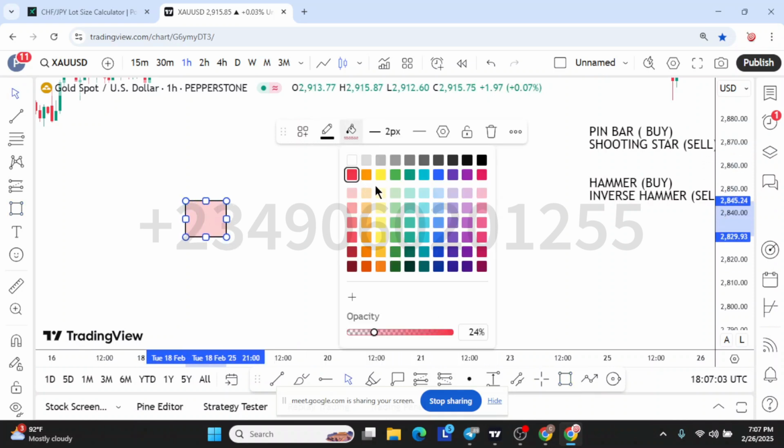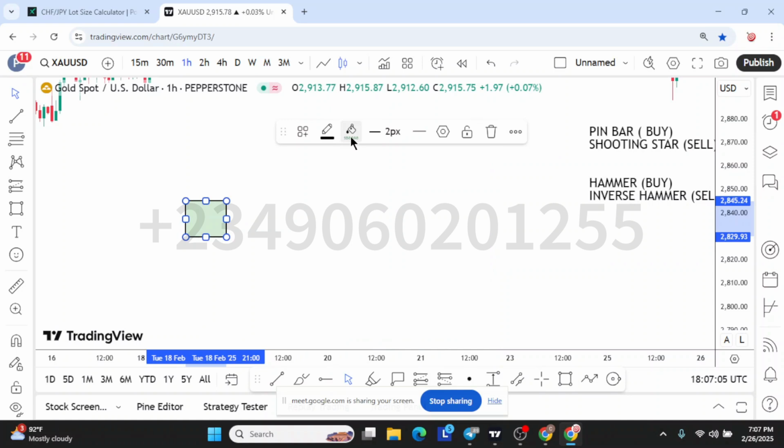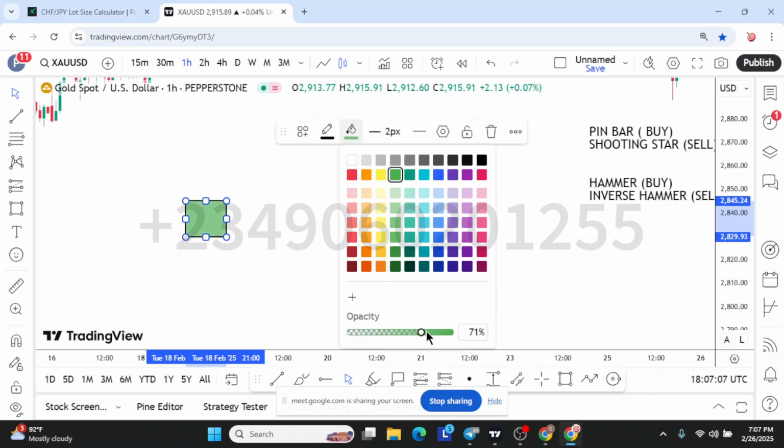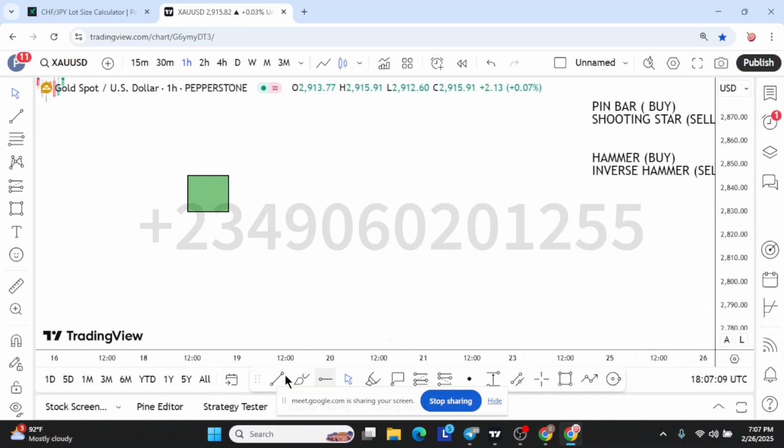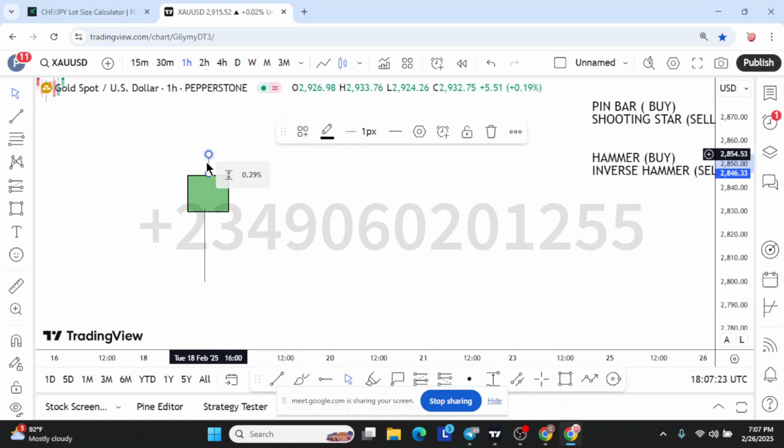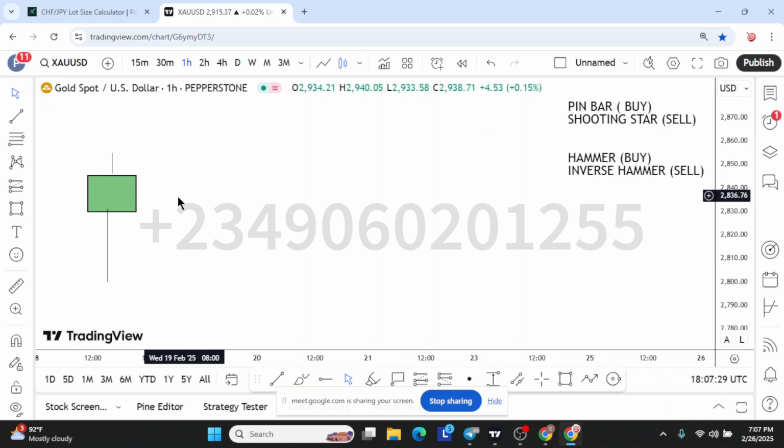We are going to have it in a bullish color. Just follow me with this explanation. This is how a pin bar candlestick looks, and this is what I have drawn for us here.